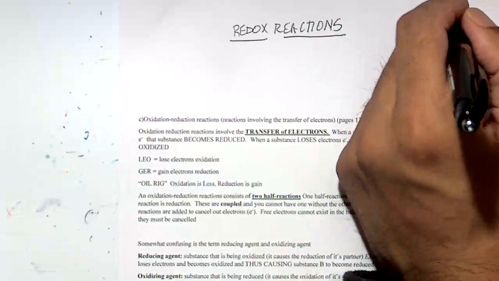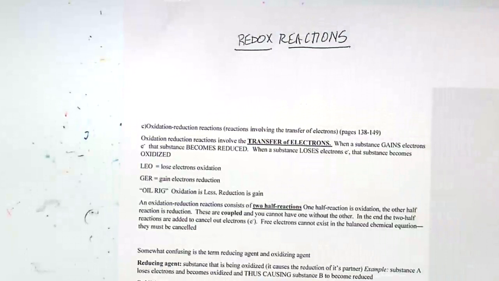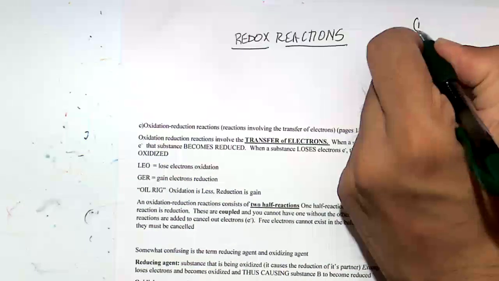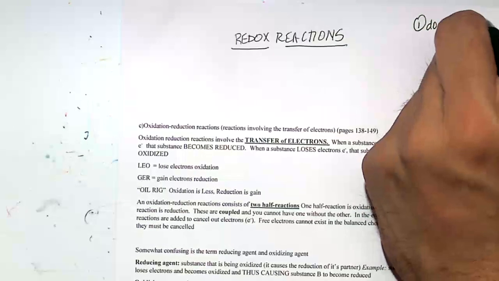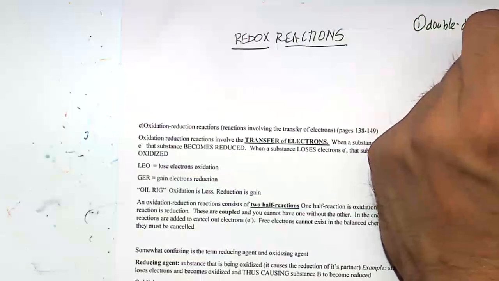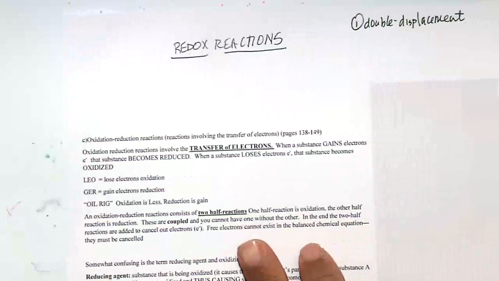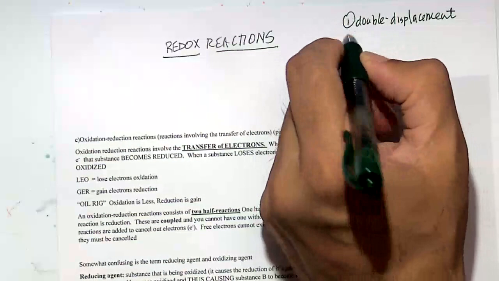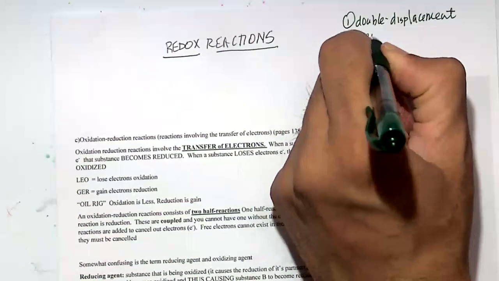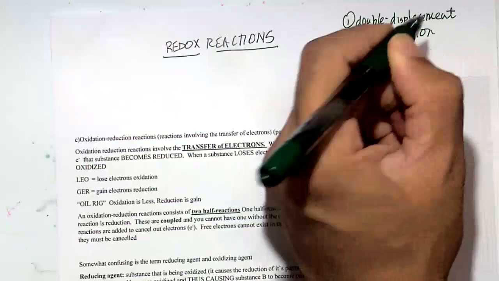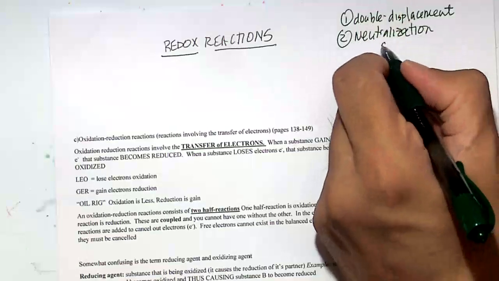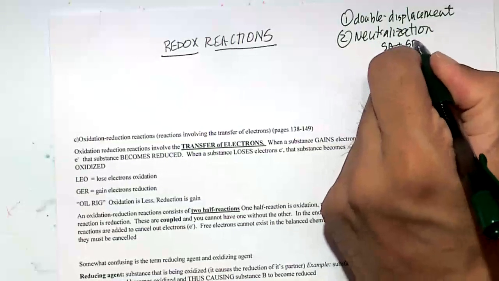So what are the reactions we've talked about before? There's two of them. One is called double displacement. And the other one is neutralization. Okay, this is with the strong acid and strong base giving you water.